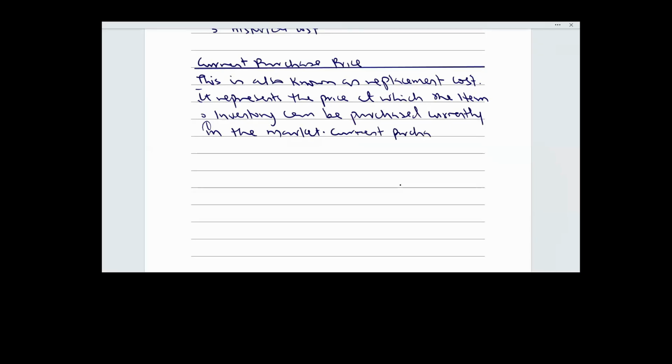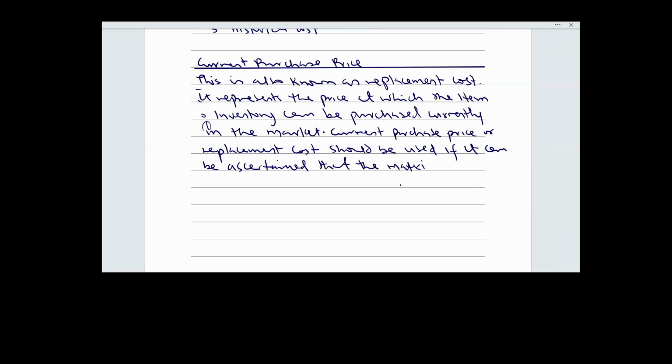Current purchase price or replacement cost should be used if it can be ascertained that the material is infrequently or regularly used.